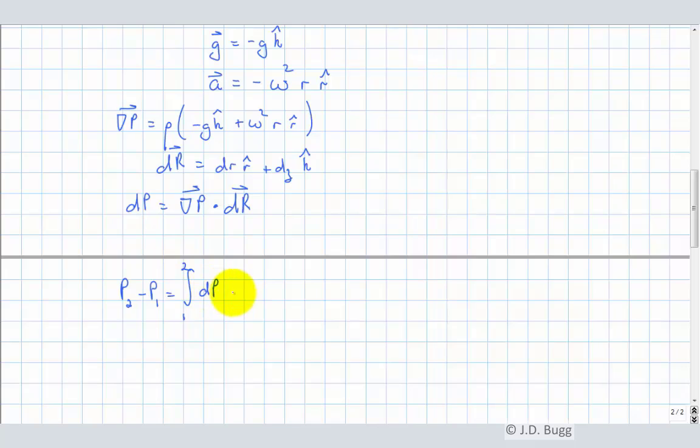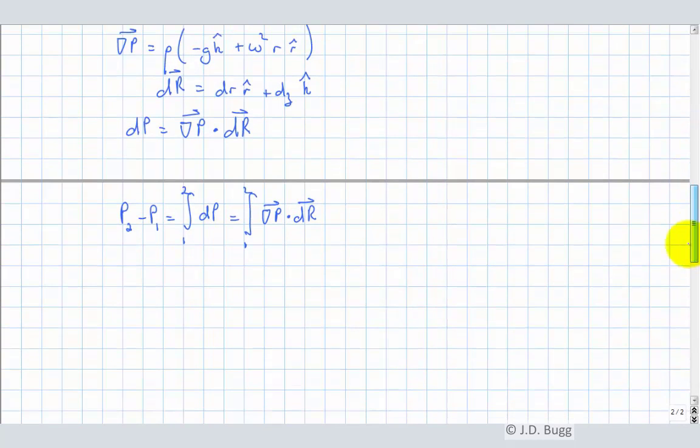Well, that is equal to the integral from 1 to 2 of our pressure gradient dotted with our dr. So we have an expression for those two things, so we put them in here. Integral from 1 to 2, pressure gradient is rho times minus g k plus omega squared r r hat, dotted with the second vector, which is dr r hat plus dz k hat. So substituting in for the pressure gradient and for dr.